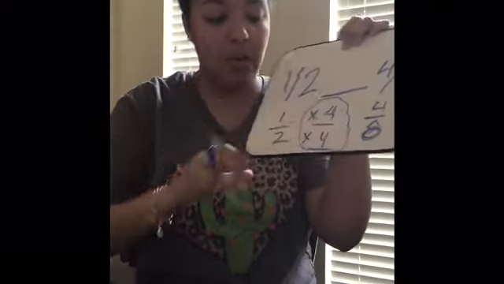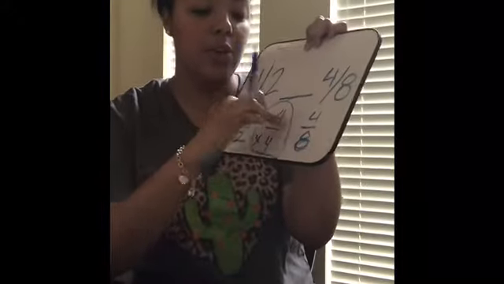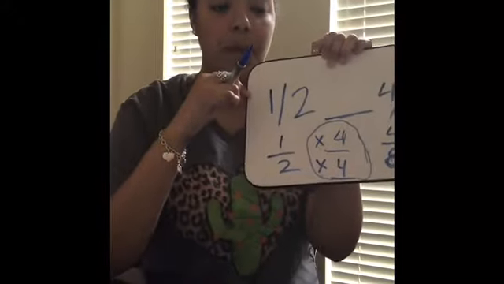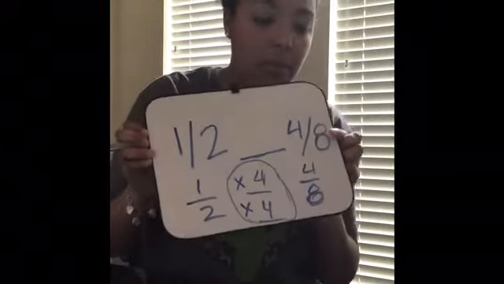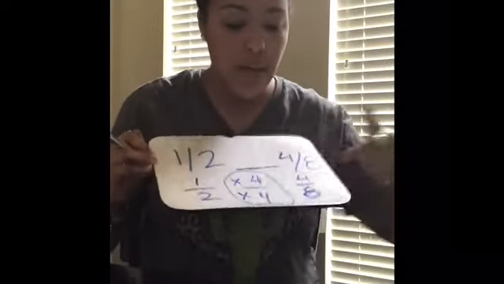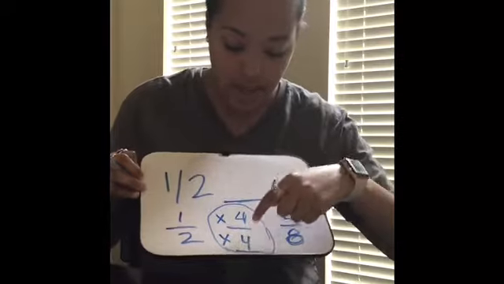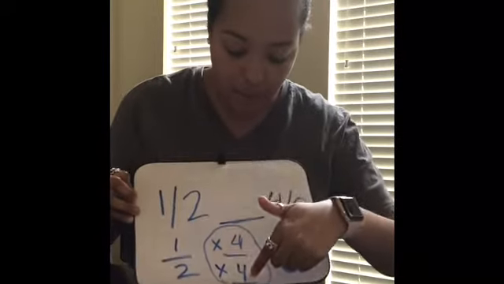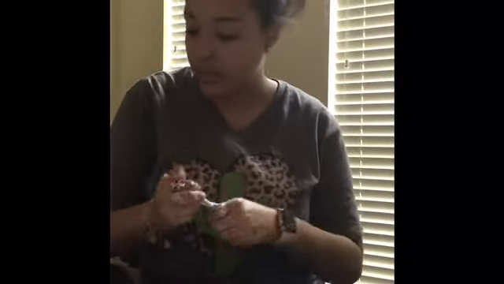We multiplied the denominator by 4, and we also multiplied the numerator by 4. Okay? So that is exactly what equivalent fractions are. Multiplying the numerator and the denominator by the same number. So that number so happened in this example to be times 4. Okay?